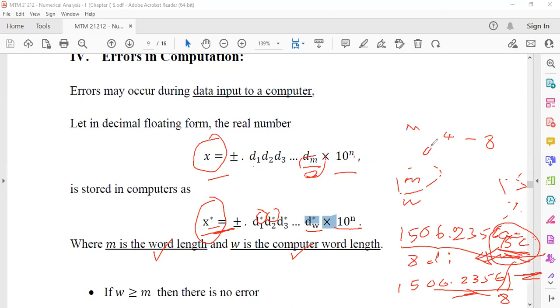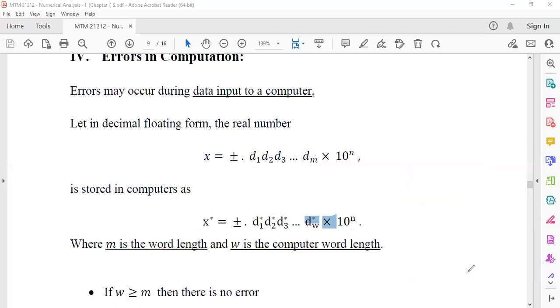For example, 0.1256 times 10 to the power minus 1, and the computer can accept 1256, even more than that. If it is so, what will happen? That's what we're going to see. I will explain the example.